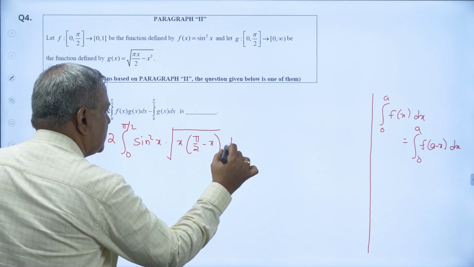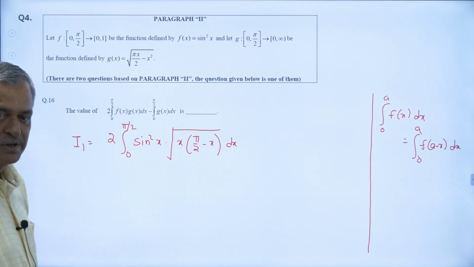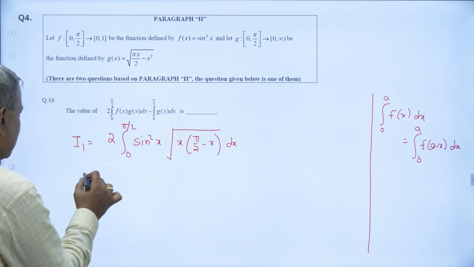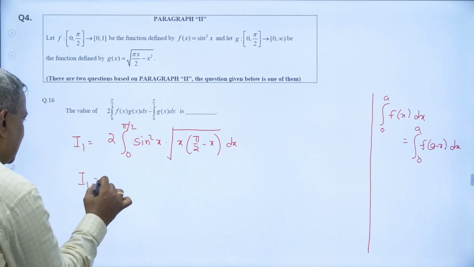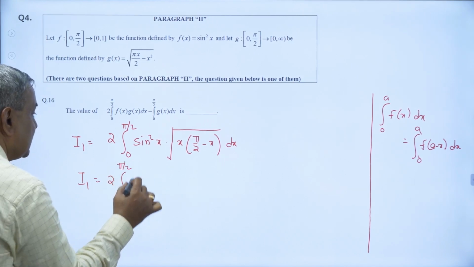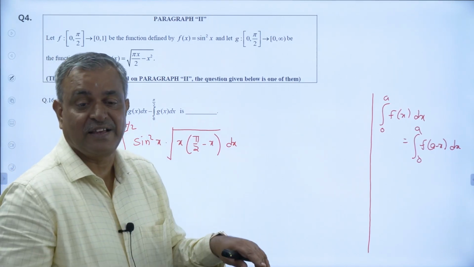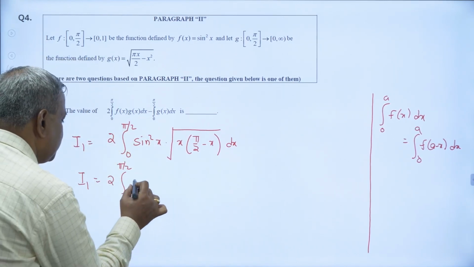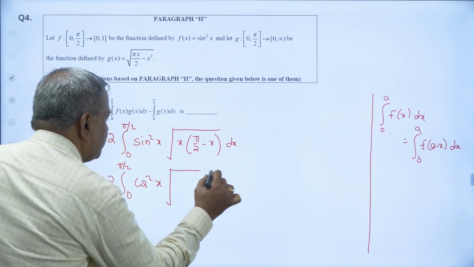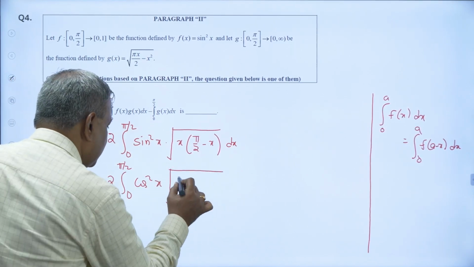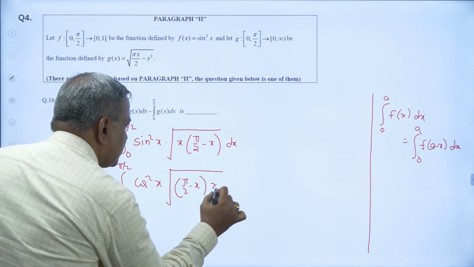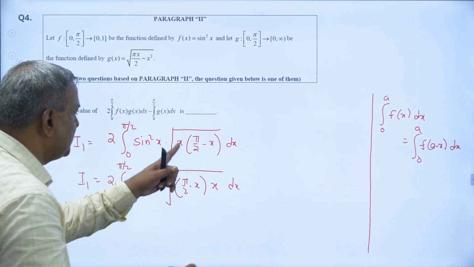This is the most intelligent step, to write it like this. So applying the formula, I1 becomes 2 times integral 0 to pi by 2 of cos square x into under root of pi by 2 minus x, and this will change to x. There is no change in this function.